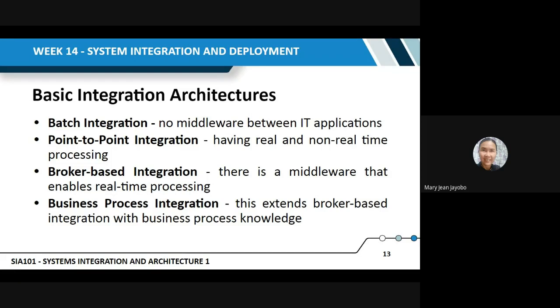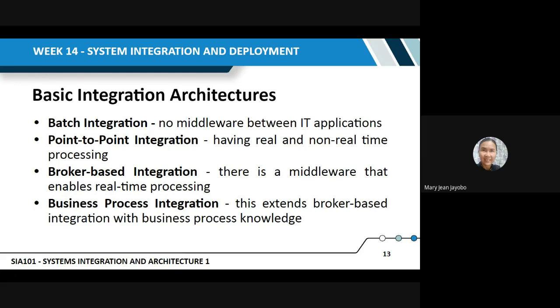So, ibig sabihin, in this architecture, there is, again, no middleware or direct communication between IT applications. So, there is no real-time integration. Batch files are transferred from one application to another. Okay, so, don't need to use the middleware kasi dapat diretso na siya. So, batch point-to-point integration. So, point-to-point communications and direct interfaces between individual IT applications.